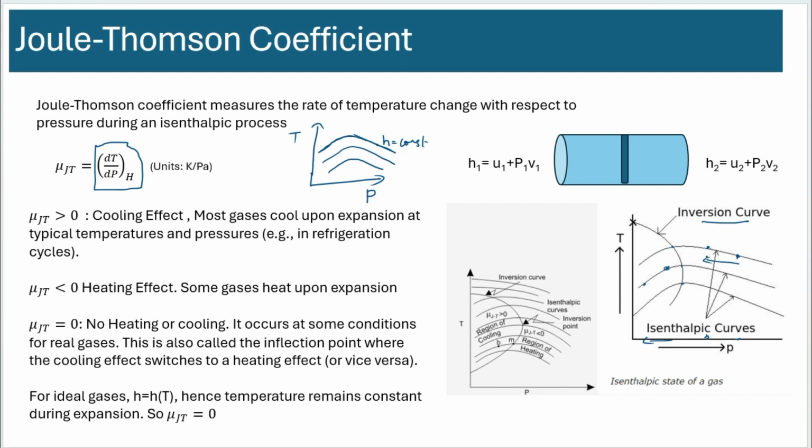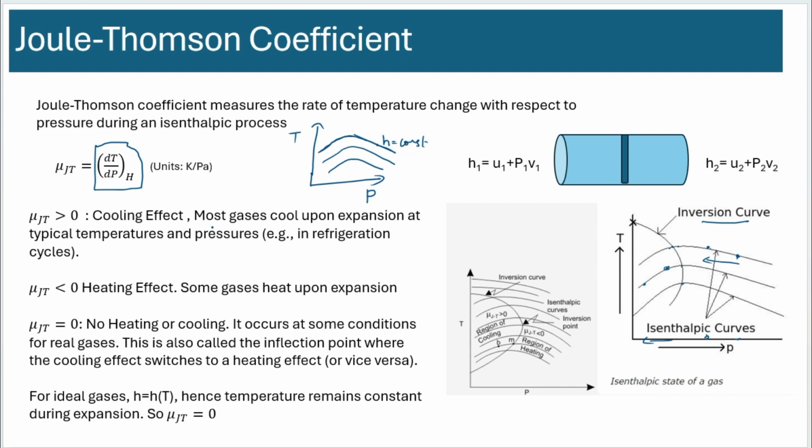If you're on the right side of the inversion curve, you'll always be heating. If you're exactly on the line, nothing will happen. If you're very close to the line, you could probably end up having the same temperature. So basically, we are looking at the slope of that line. That's what this Joule-Thomson coefficient is.